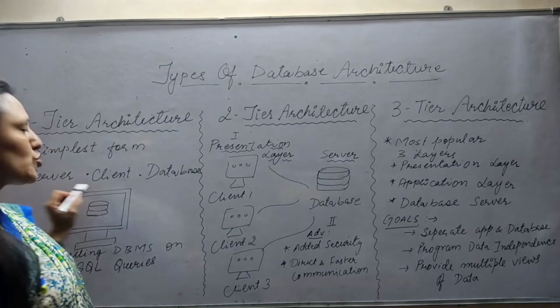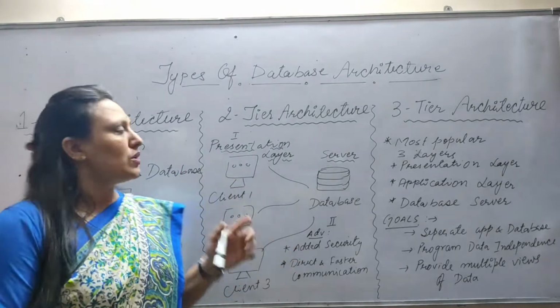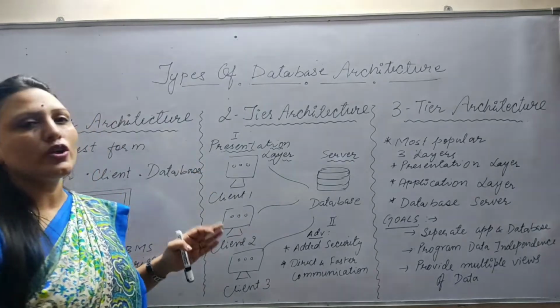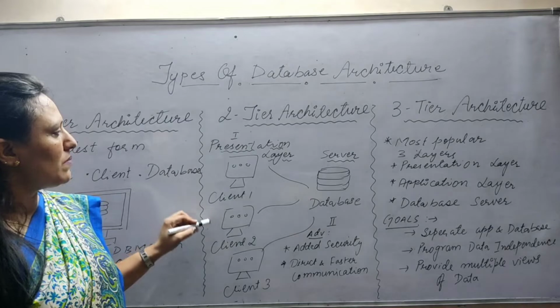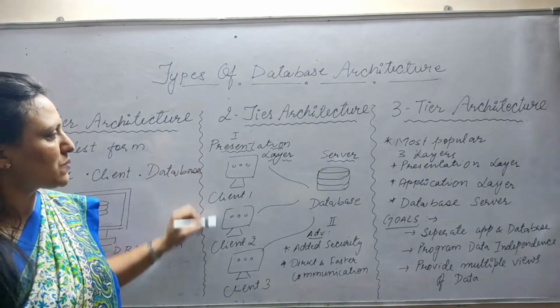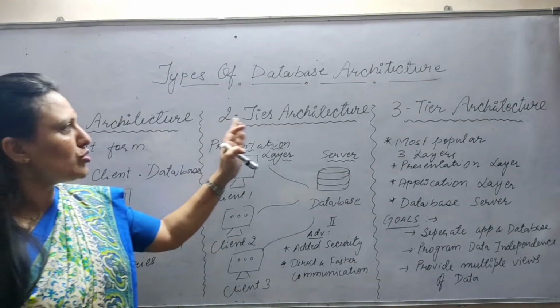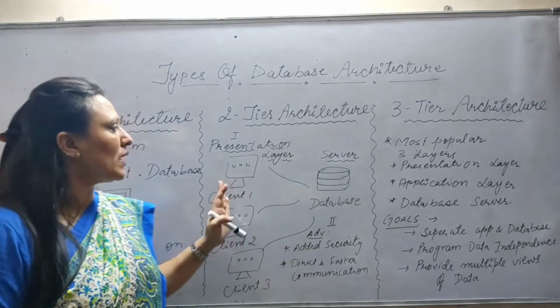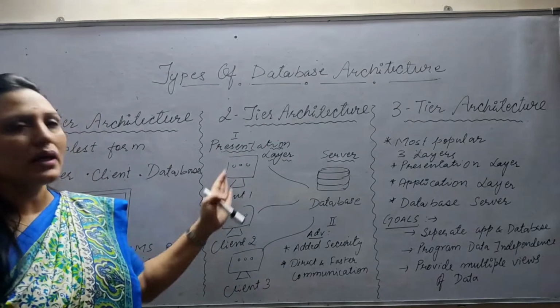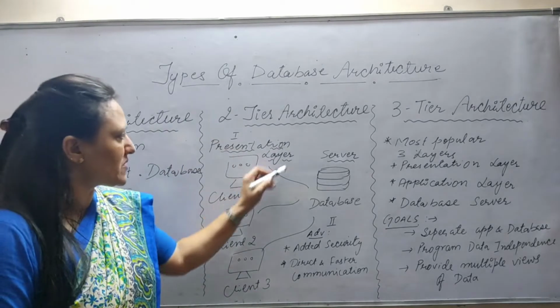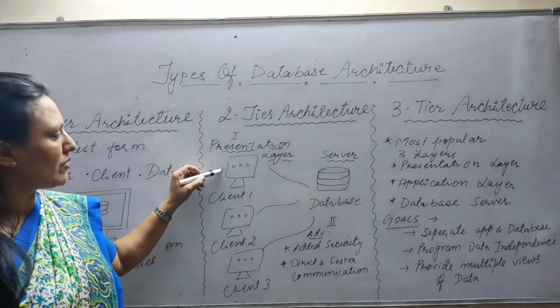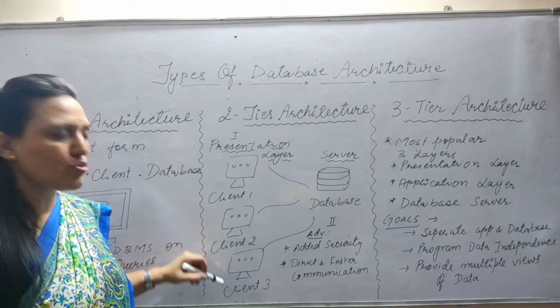Yes, we have used two words, the client and the server. The client part or the presentation part or the front end part of the DBMS is called the presentation layer. So in two-tier architecture, we divide the database architecture into two layers. The first layer is the presentation layer, which is the client. Here we have three clients, client 1, client 2 and client 3.